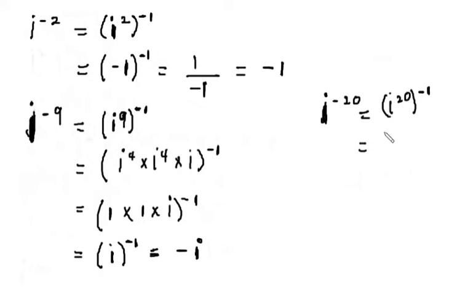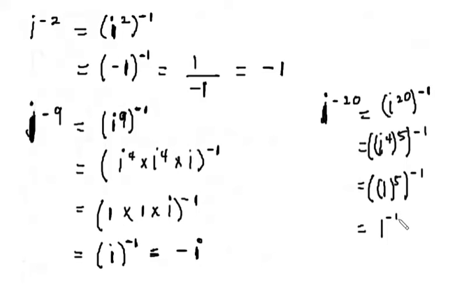This is equal to i to the power of 4, and 4 goes into 20 five times, and then we also have the outer minus 1. To evaluate the inner bracket, i to the power of 4 is 1, and that to the power of 5 is still 1, to the power of minus 1. So this is equal to 1 over 1, which is equal to 1.